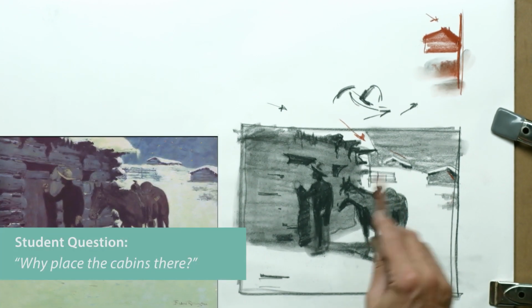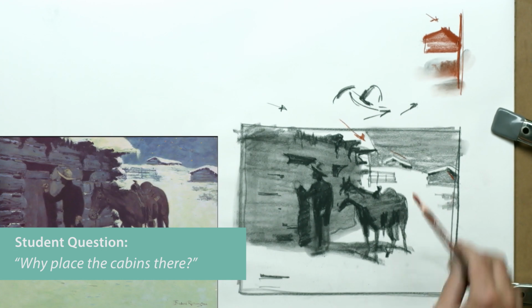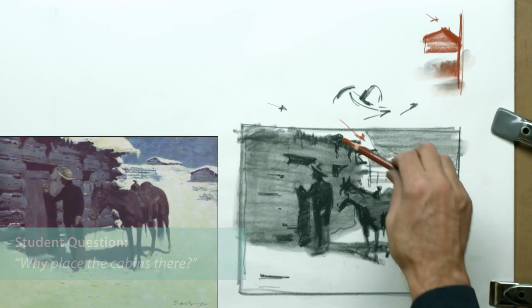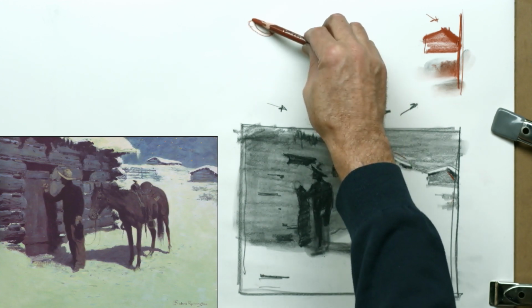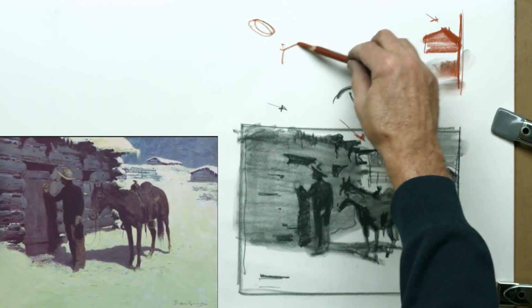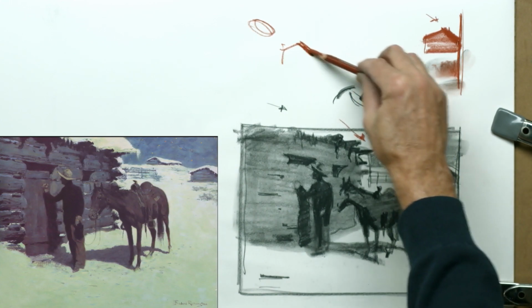The question is why would you place the cabins where you place them? They happen to be placed in a really interesting way because they create a directional pattern. The one up at the top, and then the bigger one over here with a stronger emphasis there.